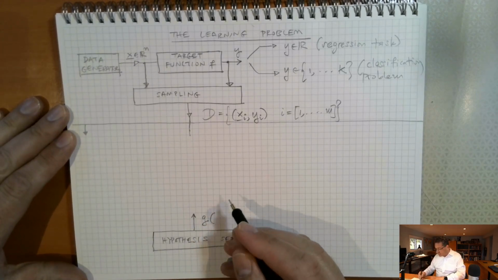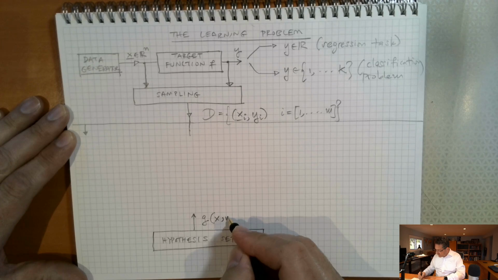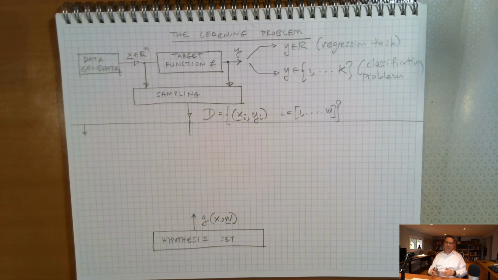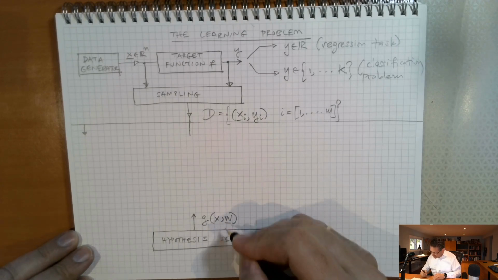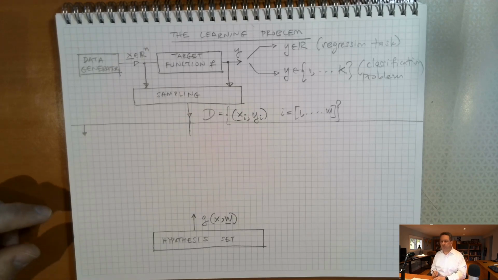And the function had an argument x, if you remember. For our hypothesis, we will also include a set of parameters. So it's going to be a parametric function. From now on, the set of parameters is going to be in general called W. In some instances, we'll call it theta later on as well.